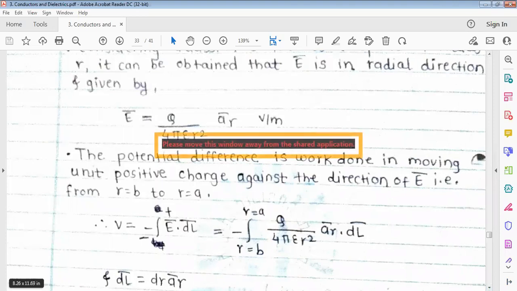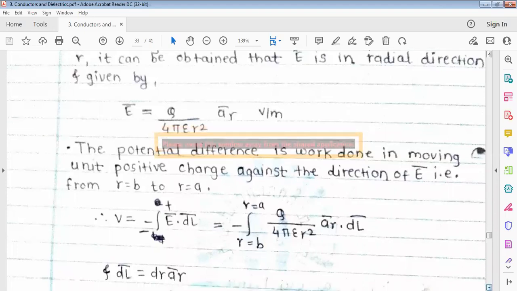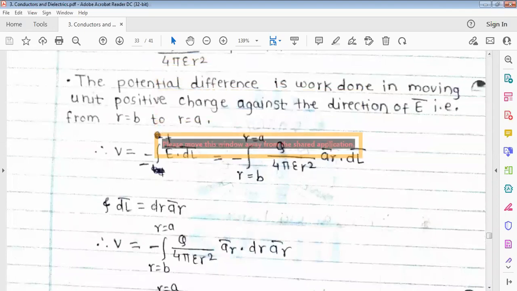Now, here we are considering only the r, which is only a simple length, that is not any angle. That's why this dl bar is equal to dr into a bar r, and here a bar r dot, if we take the dot product with a bar phi or a bar theta, it becomes 0. Therefore, this dl bar is equal to dr into a bar r only.